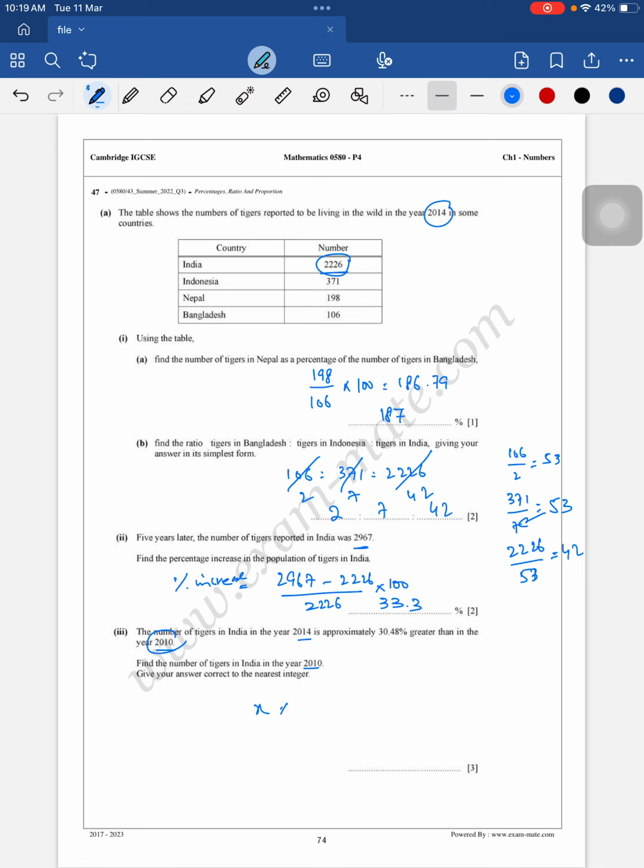So we have the value of 30.48% greater, that it means that 130.48%, right, is equals to 2226. So x is equals to 2226 divided by 1.3048. So 1706 are the number of tigers in the year 2010.